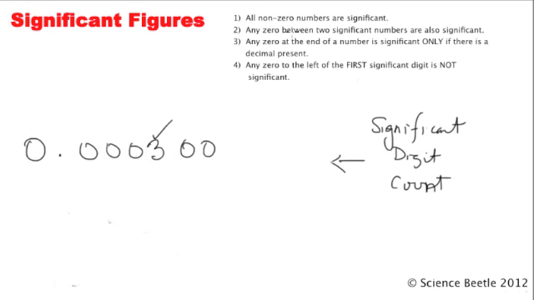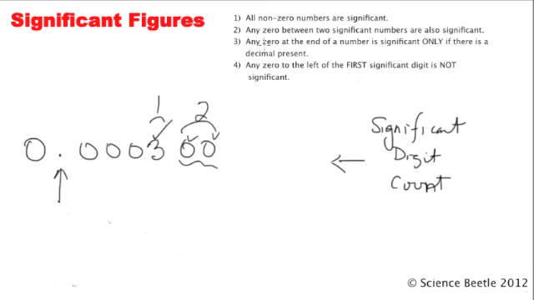Any zeros between 2 significant digits? Well, that one doesn't really apply because there's only 1 significant digit so far. And any zeros at the end are significant only if there is a decimal point. Well, there is a decimal point right there, so that means that the 2 zeros at the end are significant, for a total of 2. The 3 is a significant figure of 1.